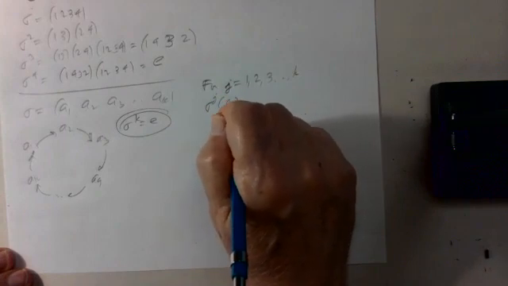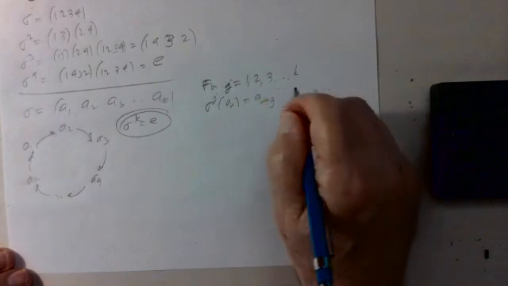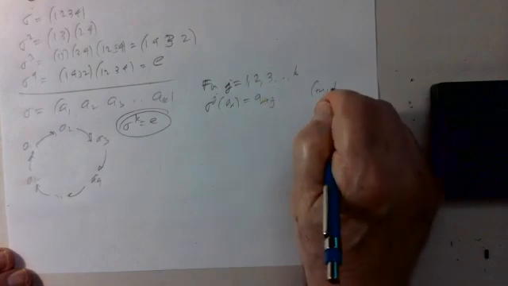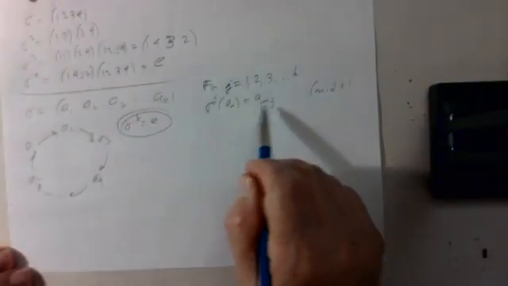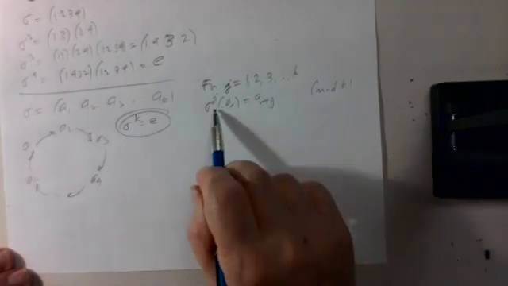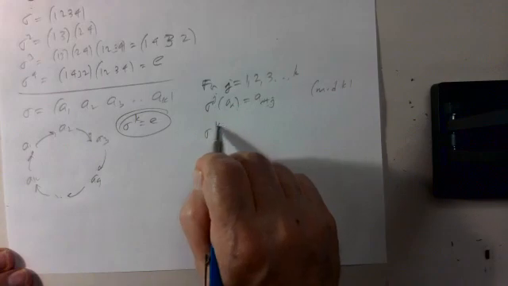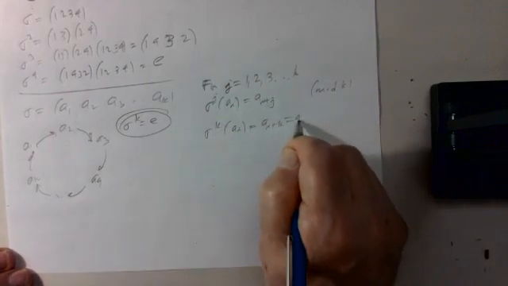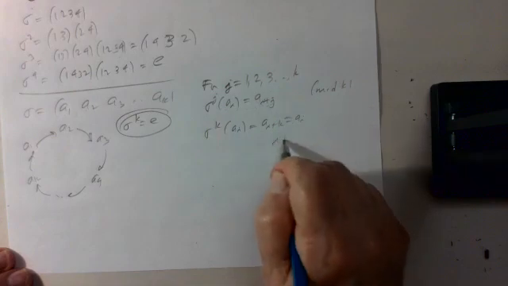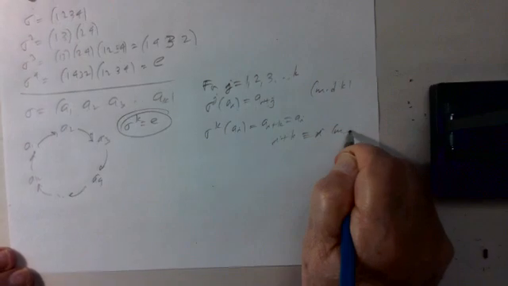Well, you move it over j steps. This is A_{i+j}, but really mod k, so if i plus j is more than k, you come around. So sigma to the j of A_i is A_{i+j}. So sigma to the k of A_i is A_{i+k}, which is the same as A_i, since i plus k is congruent to i mod k.